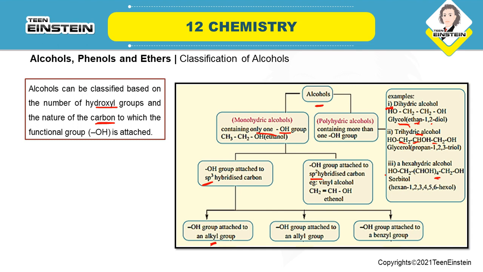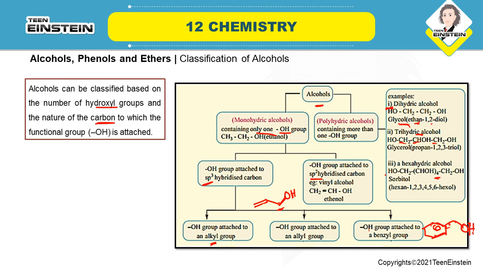Now allyl group is C=C double bond then carbon. So here the OH is attached to an sp3 hybridized carbon because this carbon is sp3 hybridized, but after that there is a C=C double bond, so that is why it is allyl alcohol, because an allyl group is present. And the third possibility where the OH group is attached to sp3 but it is a benzyl group. Now benzyl group is a phenyl ring, and after that there is CH2 and then OH.